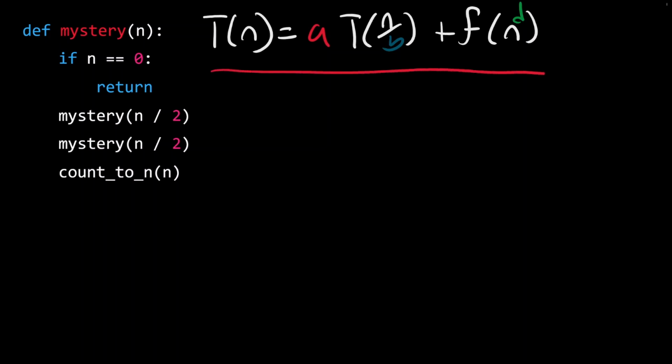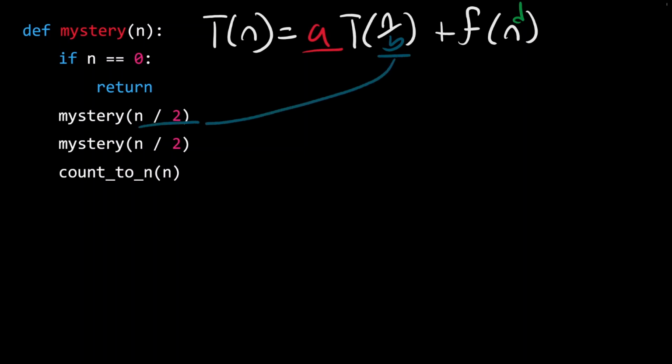So this is the master method that we're going to be using in order to solve equations a lot faster. Again, this a here is the same, just this 2. It represents the amount of recursive calls that we're making. We have this b here representing how much n is being subdivided each call.